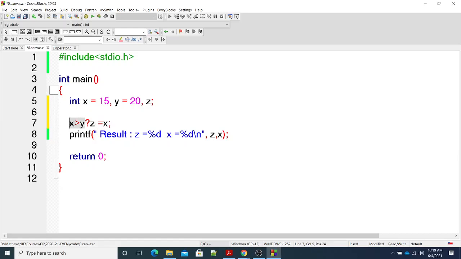If this is true, that is, x greater than y is true, it means the larger value is x. So the larger value I assign to z. Otherwise, we know that there are two distinct numbers, y is the larger value. I assign z equal to y. Then finally I print the value of z.